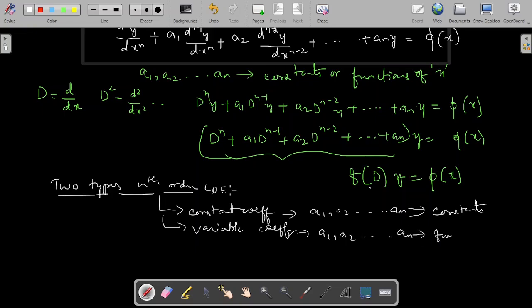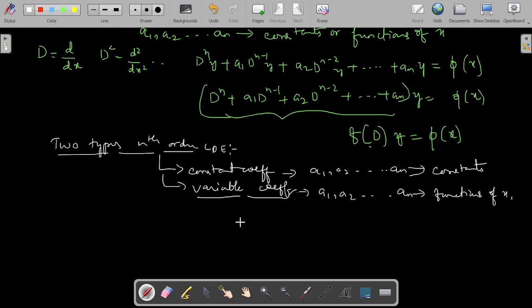Variable coefficient means these are functions of x. You may have some terms constant, and some other terms functions of x. In that case, we call that a differential equation with variable coefficients. This is based on the coefficients of the given nth order linear differential equation, because there are different methods to solve differential equations with constant coefficients and variable coefficients.